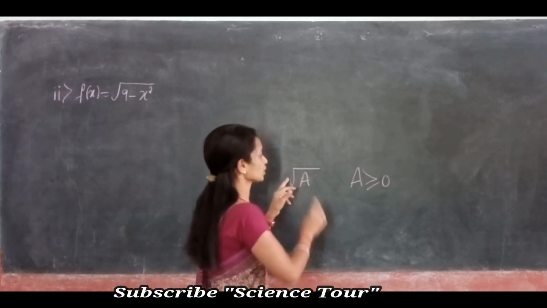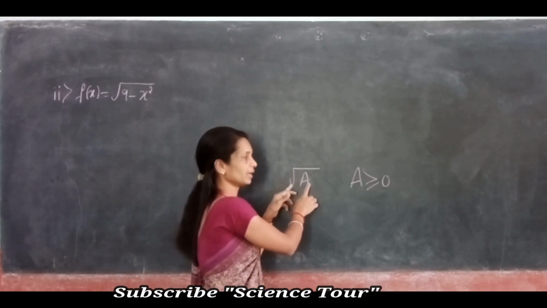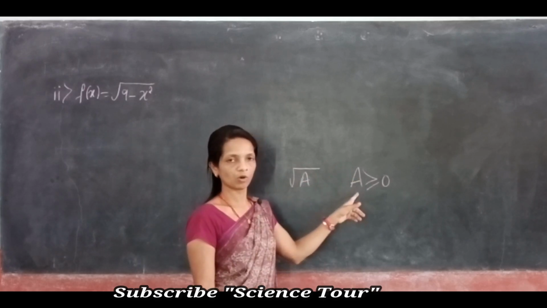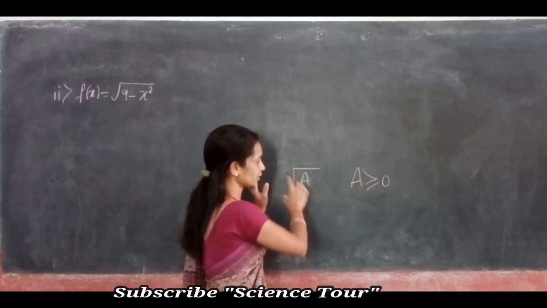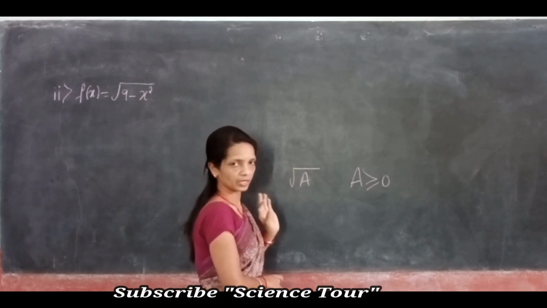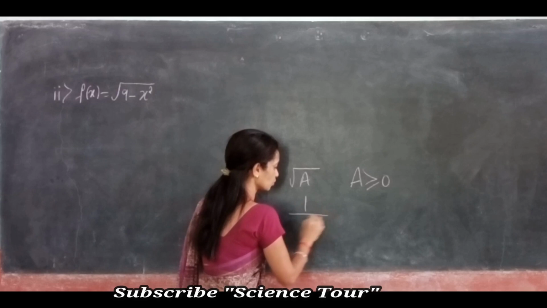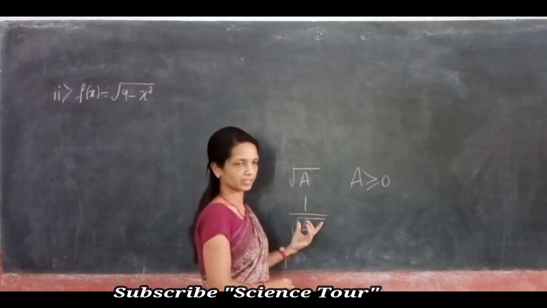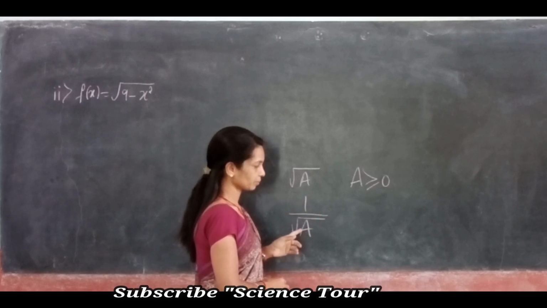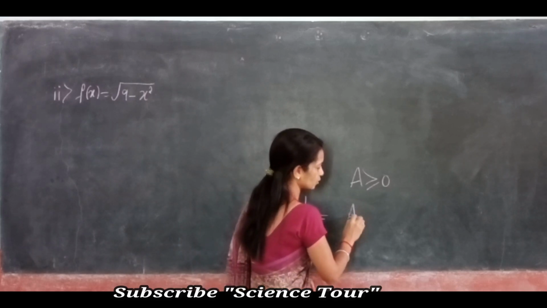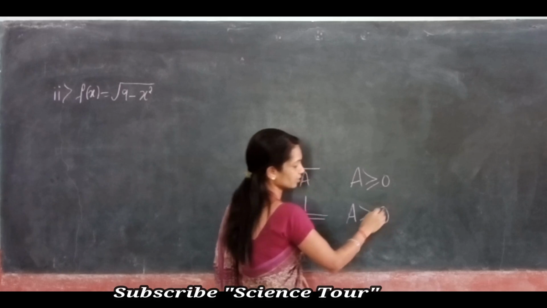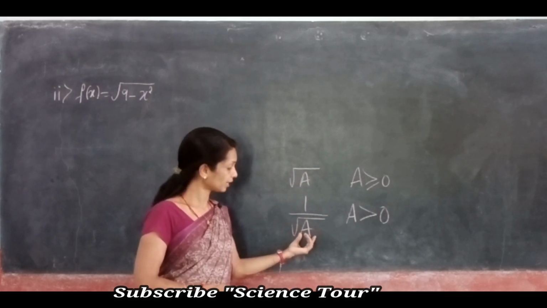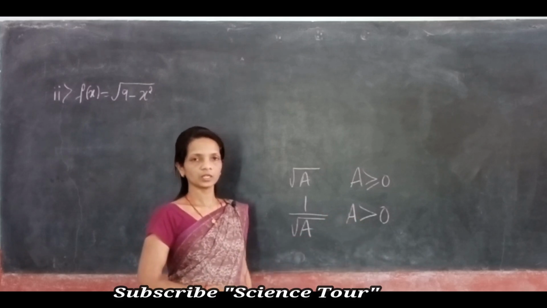Always keep this in mind: suppose you have square root of a, then that a must be greater than or equal to 0. That is if square root of a is in the numerator. Suppose the square root of a is in the denominator, for example 1 by square root of a, then that a should be strictly greater than 0.